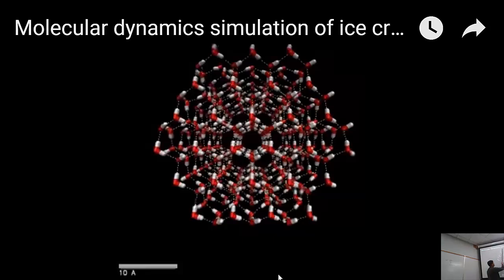They result in a really pretty pattern, and that pattern results from how the water molecules are arranged in the solid. Because in a solid, what types of motion are there? What types of kinetic energy are there? Kinetic energy is the energy of motion. So what kinds of motion can we have?